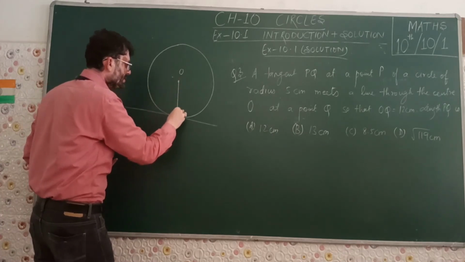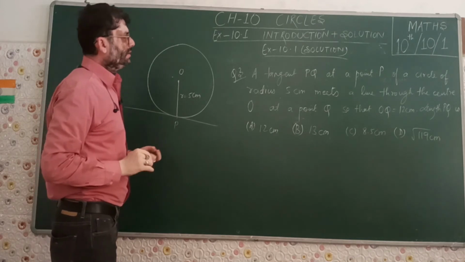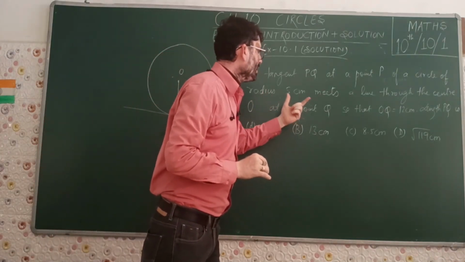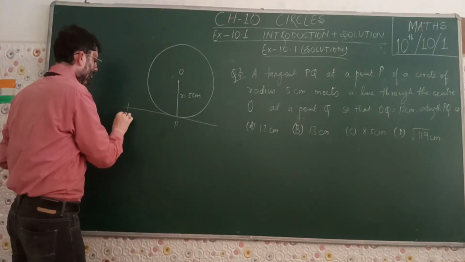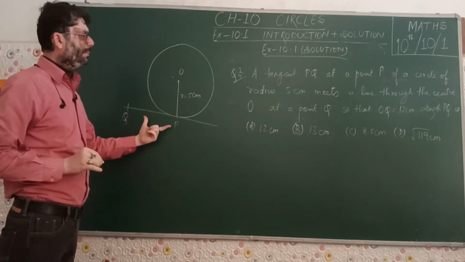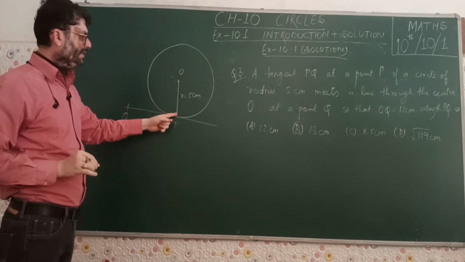So if you join, this radius is 5 cm, and the tangent meets a line through the center O at a point Q so that OQ is 12 centimeters. So the point might be here, that is Q. So we can say that this is a tangent PQ at a point P of a circle with radius 5 centimeters.